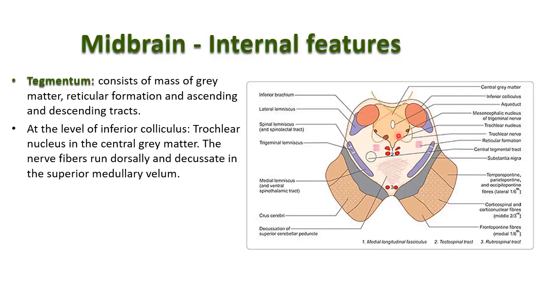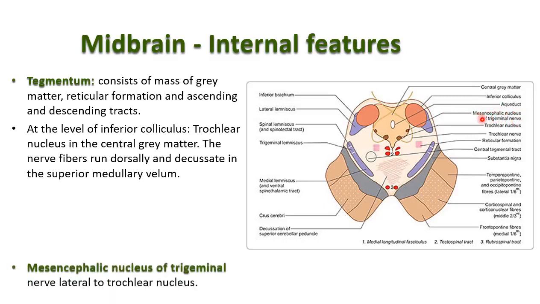You are able to see the trochlear nerve nucleus. The fibers arise, then they decussate, and then they emerge. The crossing over takes place in the superior medullary velum itself, and then they emerge. More laterally, you are able to see the mesencephalic nucleus of the trigeminal nerve. This is mainly concerned with proprioceptive impulses from the muscles of mastication, and also from the extraocular muscles.